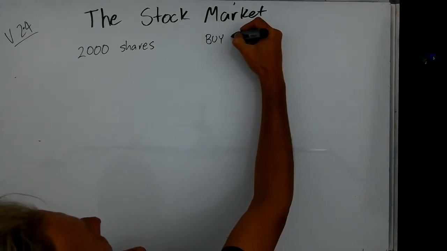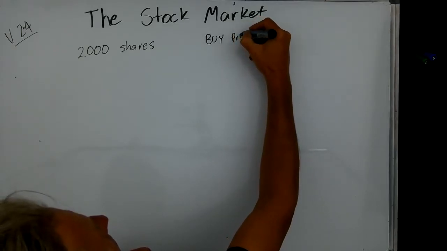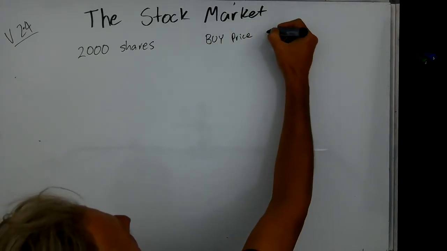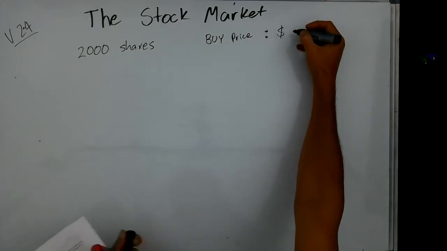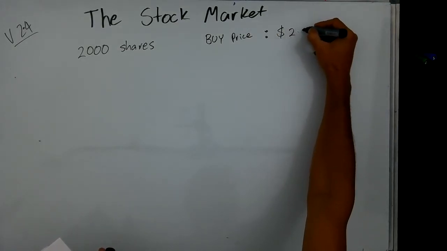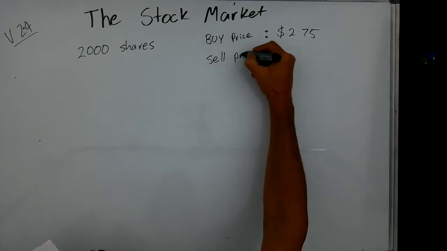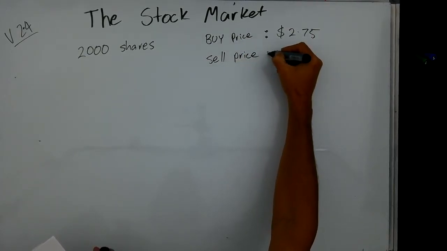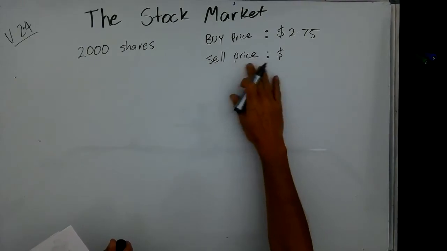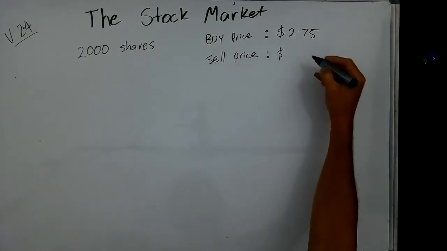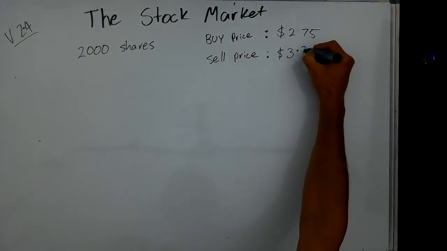Buy price. That's the market value when they were bought. It was $2.75. Sell price. That's the market value a year later. It's $3.20.